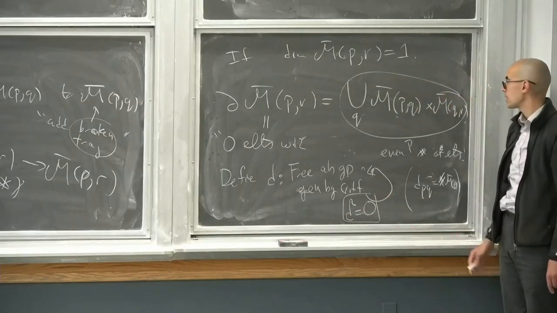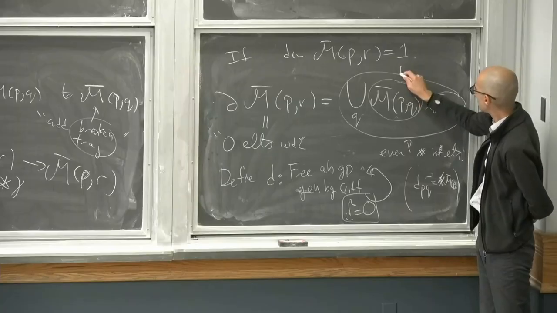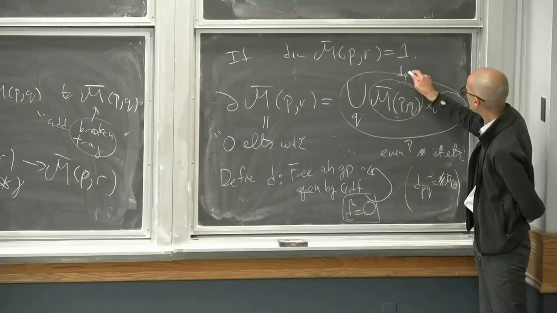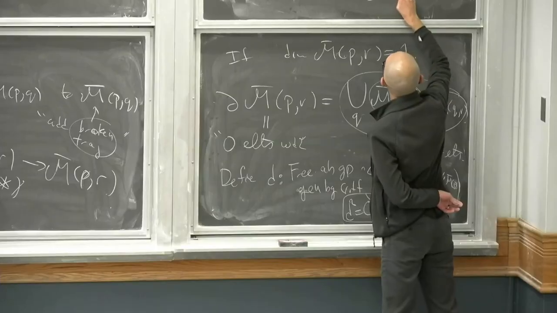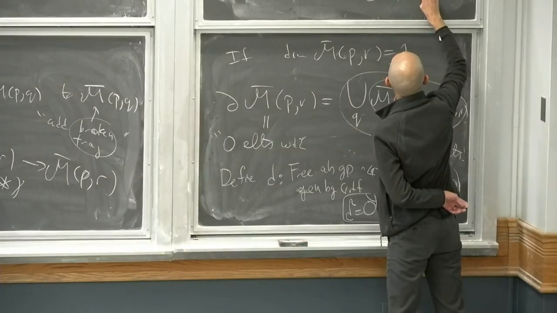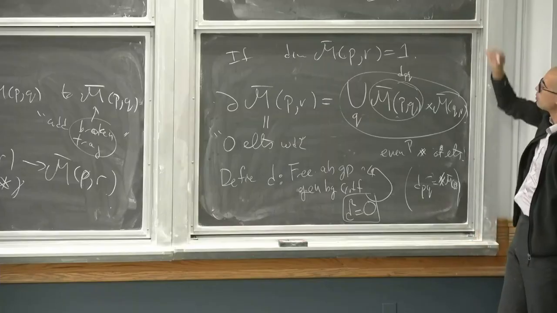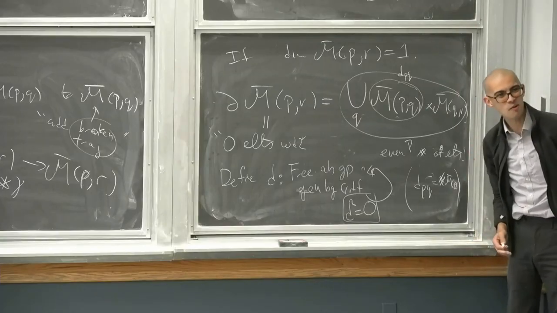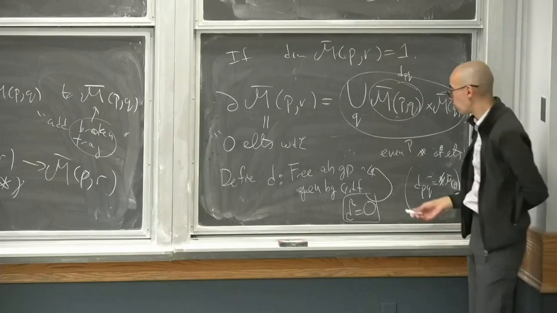I'm just saying, look at this. If this is 0-dimensional, this is basically a contribution to d_PQ. And this equation is telling you the sum of d_PQ times d_QR equals 0. Well, this is exactly what would happen when you multiply a matrix with itself and you look at the PR coefficients.